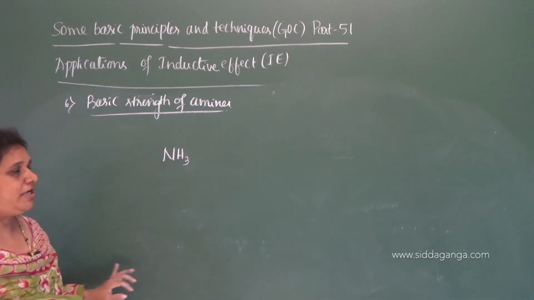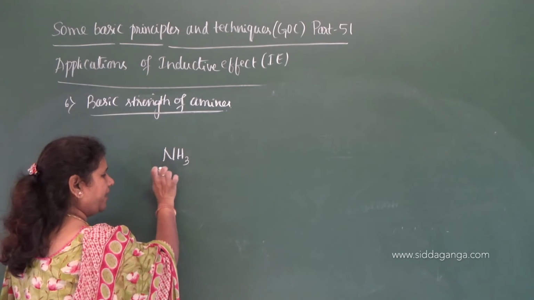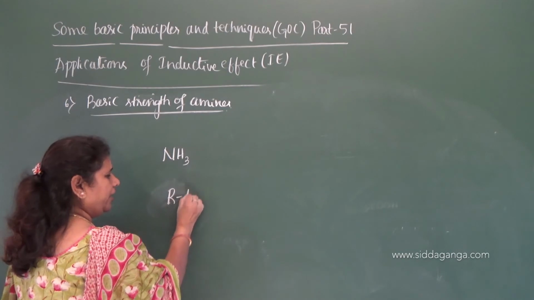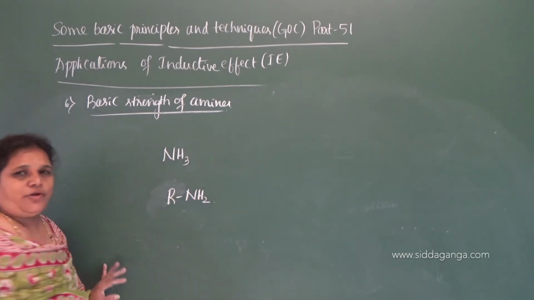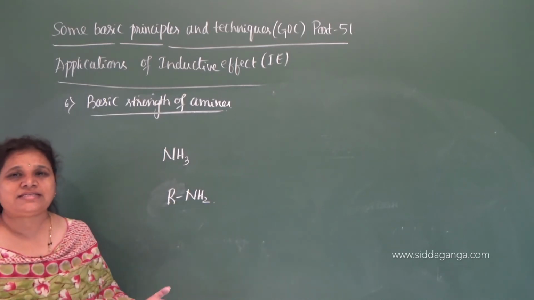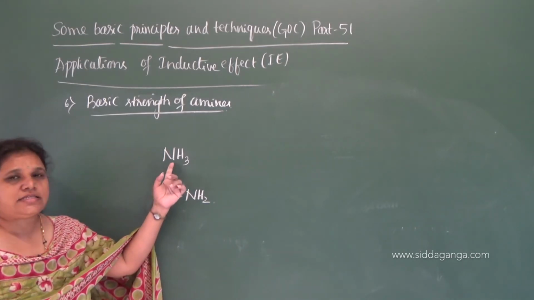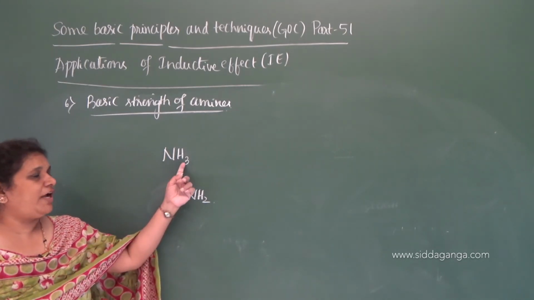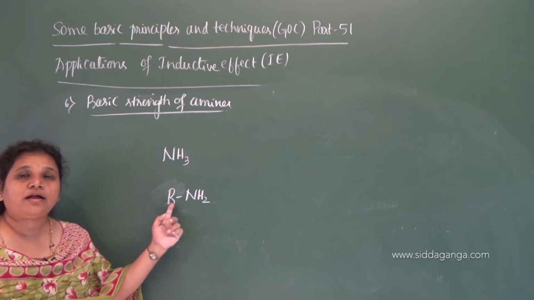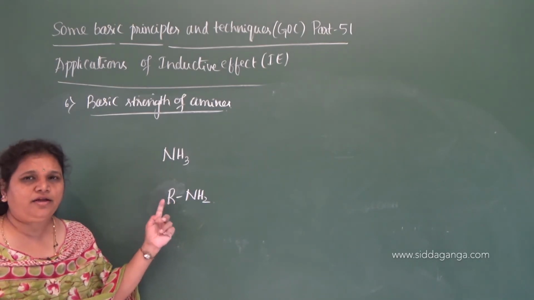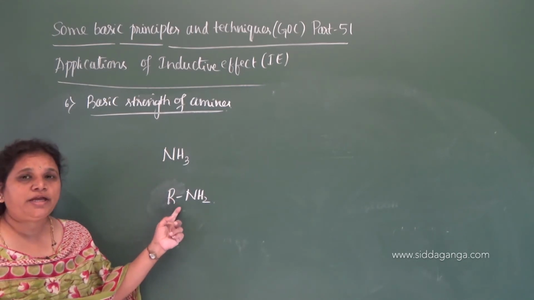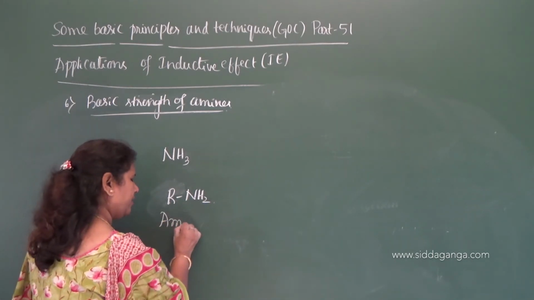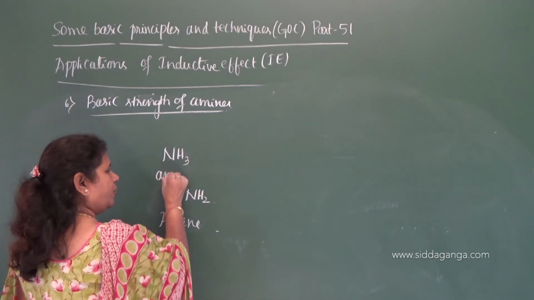When one of the hydrogen atoms of ammonia is replaced by a group, any group, that is an alkyl group, you can say R group, then it becomes RNH2. So this is an amine, and this is ammonia.